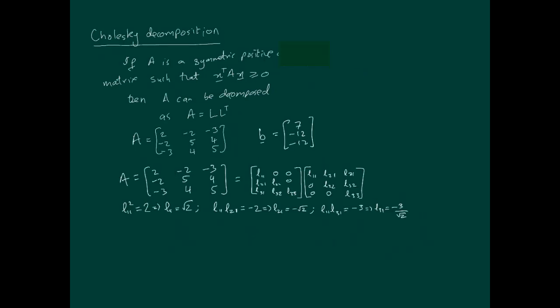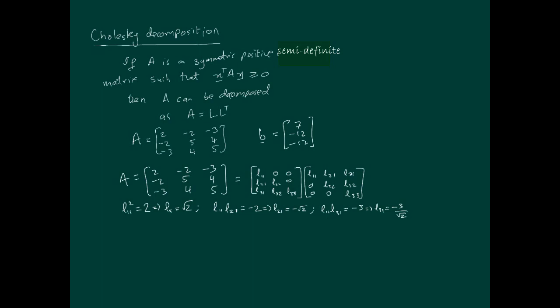Similarly, we'll now come to the second row. The second row will be, of course, starting with L21 L11. One thing I'll tell you, no need to write this down, because L21 L11 is the same as L11 L21, which we already have. The next one will be L21 squared plus L22 squared.